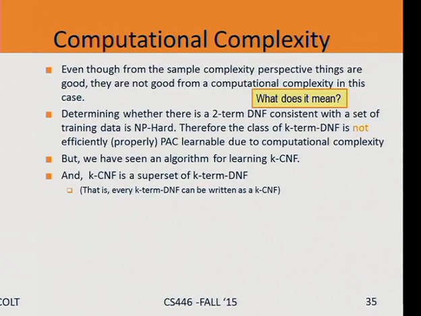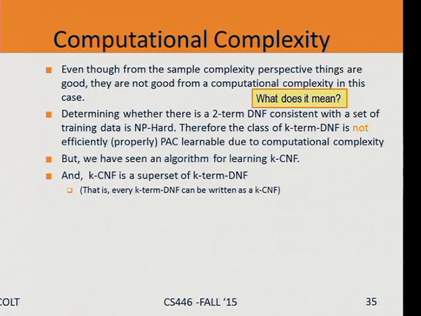But we've seen learning algorithms. So first of all, what you see here is it's PAC learnable from the sample complexity perspective, but it's not efficiently PAC learnable. What should we do? What we're going to do is change the hypothesis class. We're going to move to a larger hypothesis class. For KCNF, we know that we can learn KCNF.